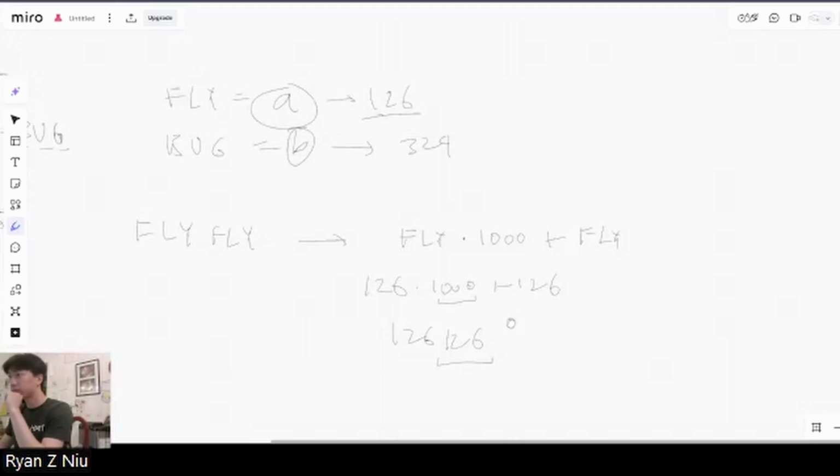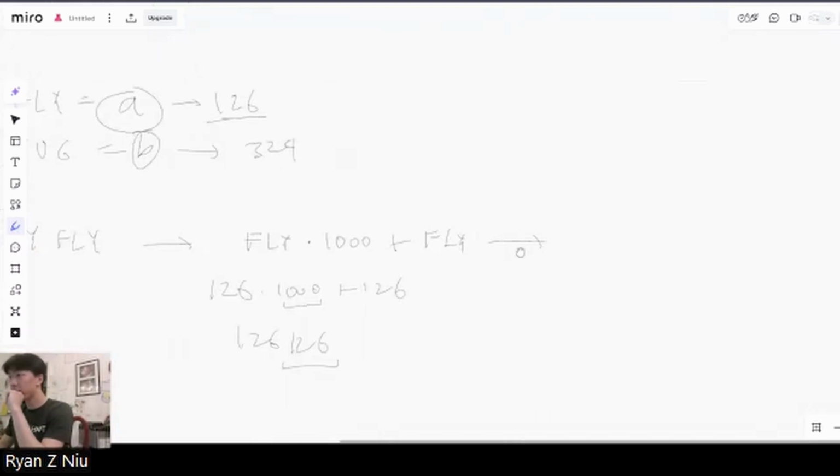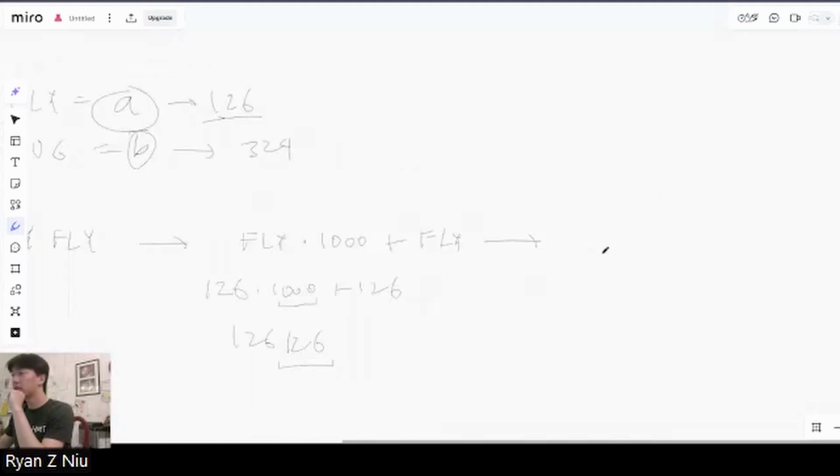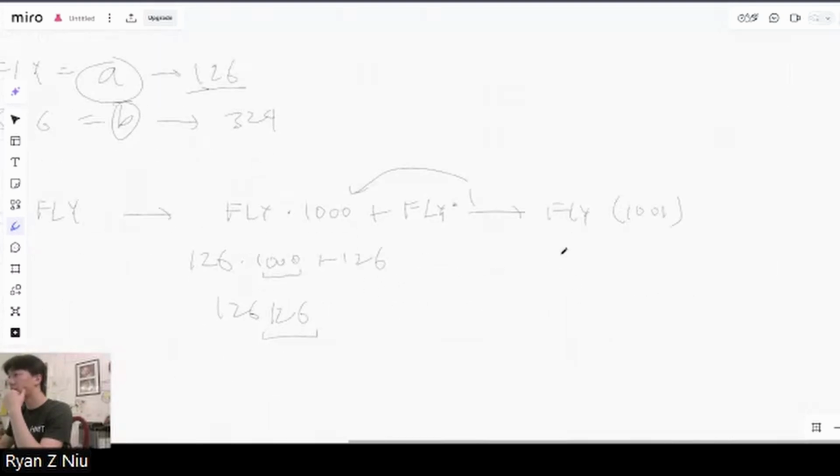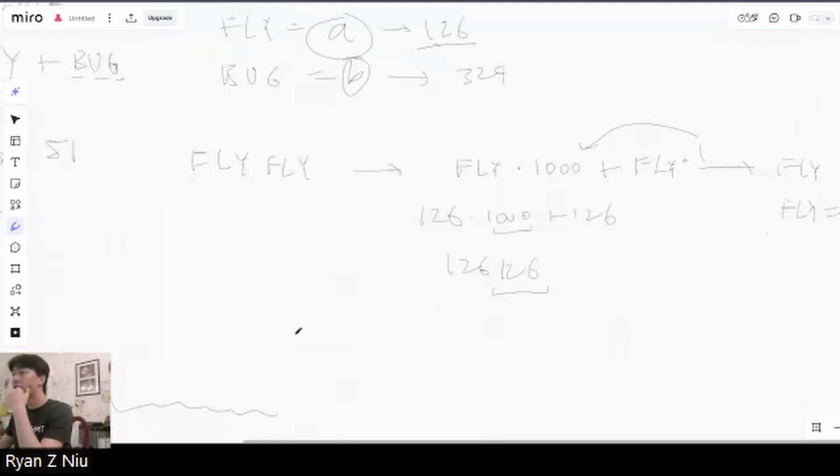So essentially FLY FLY is FLY times 1,001, using the distributive property. So if FLY equals A, then FLY FLY is 1,001A. And this is a lot easier to work with than the number over here.